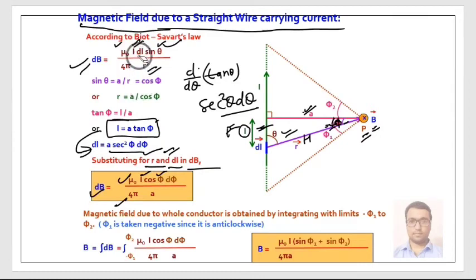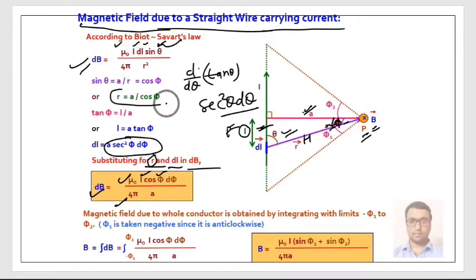This was I dl sin theta, so I am replacing dl equal to a sec square phi d phi over here, and r also is given by a upon cos phi. If you solve this you will get mu naught upon 4 pi, I cos phi d phi upon a.